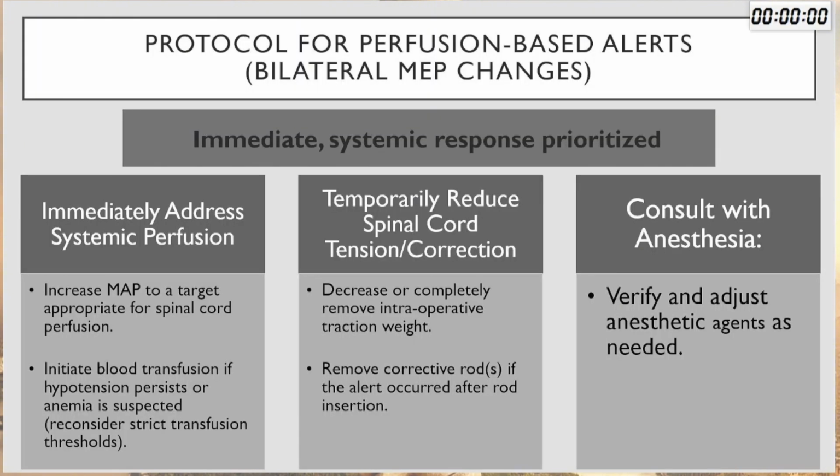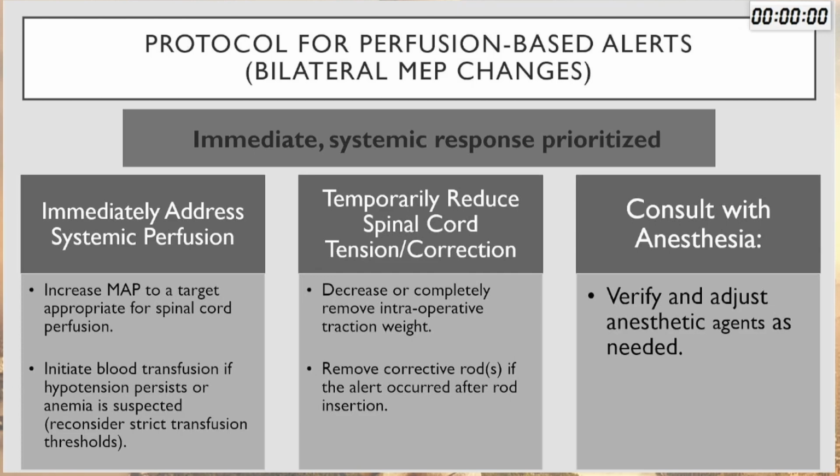Okay, right now is the time for action. If the neurophysiology technician is telling you that you have a bilateral drop in the motor evoked potentials, what shall you do? You have to think systemically and address whether there is a drop in the mean arterial blood pressure; you need to elevate the mean arterial blood pressure. If you have excessive loss of blood, you have to initiate blood transfusion.